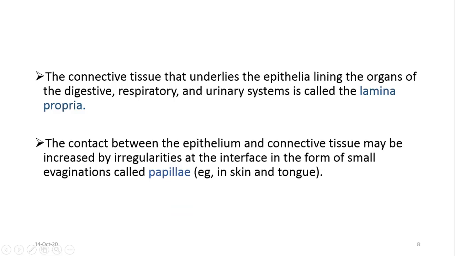These papillae are most frequently found in epithelia exposed to frequent friction, as in the skin and tongue. They will come up later, inshallah, when we reach the skin and the tongue, later in this semester or in the next semester.